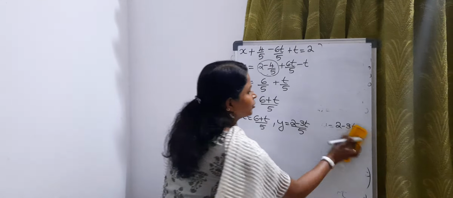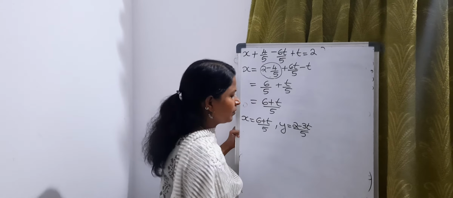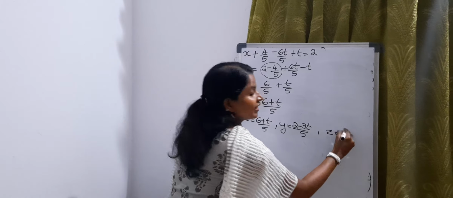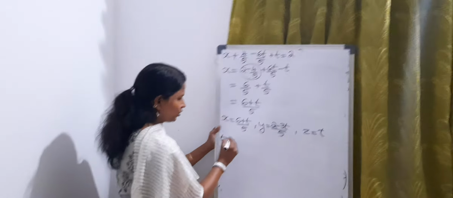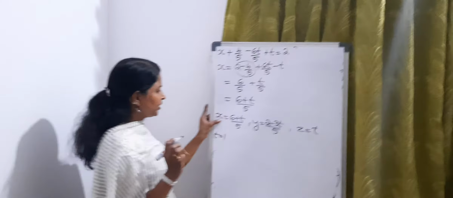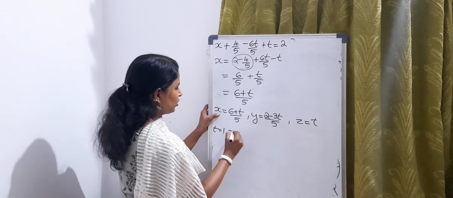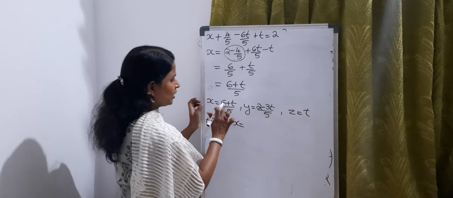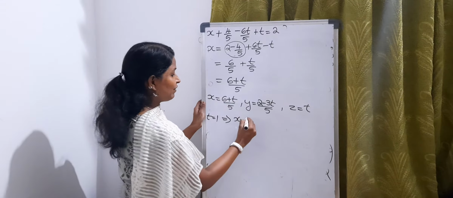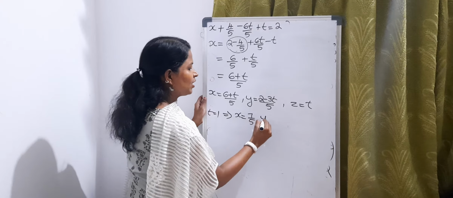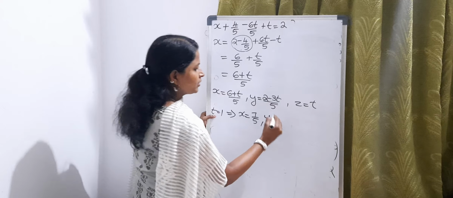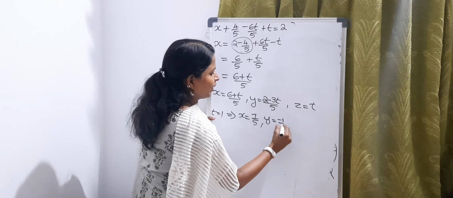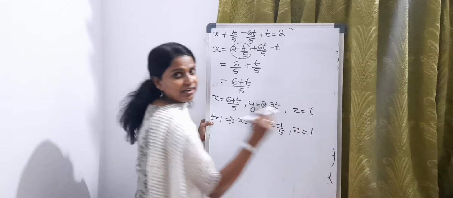So here we get x equal to 6 plus t by 5, y equal to 2 minus 3t by 5, and z equal to t. Listen, here we substitute t equal to 1. x equal to 6 plus 1, 7 by 5. y equal to 2 minus 3 into 1, so 2 minus 3 is minus 1 by 5, and z equal to 1.